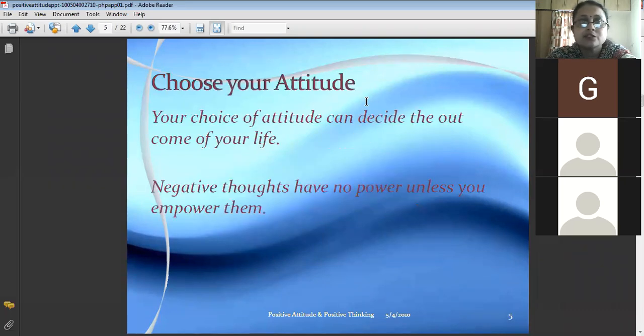Now, next is choose your attitude. It is up to you whether you want to become a loser or a winner. Your choice of attitude can decide the outcome of your life. Please understand these three words, your choice of attitude: it is you who decide whether you become a successful person or a person who is cribbing all the time with so many excuses.